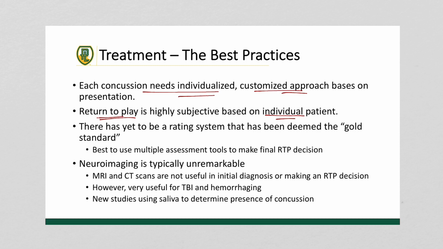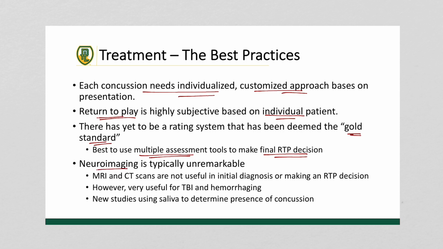The other part about diagnosing and grading concussions is there really isn't a gold standard, and the same goes for diagnostic tools. So it becomes important to use multiple assessment tools to help you with your return to play decision. That could be the SCAT-5, VOMS, the King-Devick test.